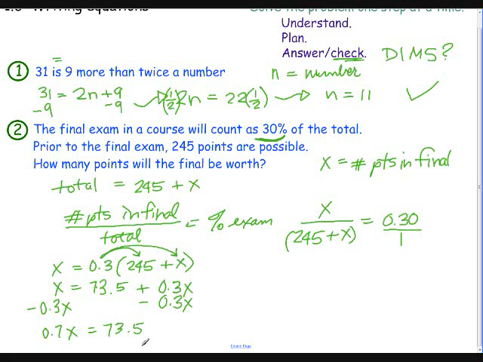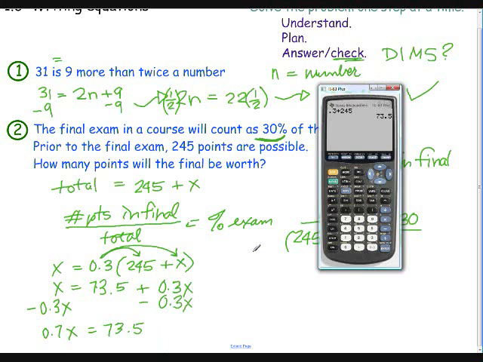I think I need my calculator. Now I'm going to say, okay, I've got 73.5. I want to divide that by 0.7. Or what did I say previously? I'd say we'd take the multiplicative inverse of this. All right, I'm going to get simple here.